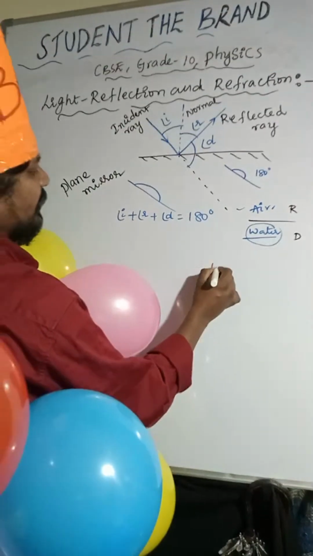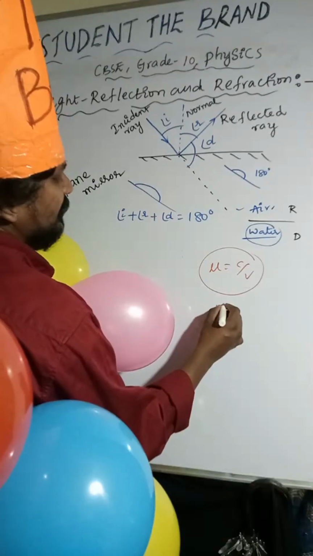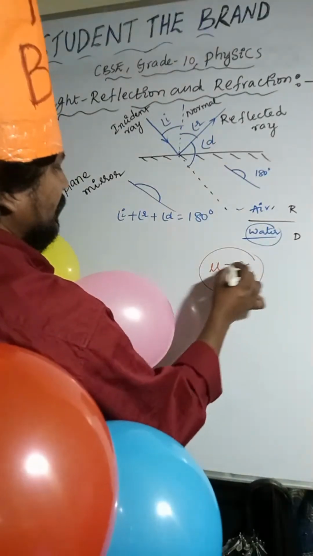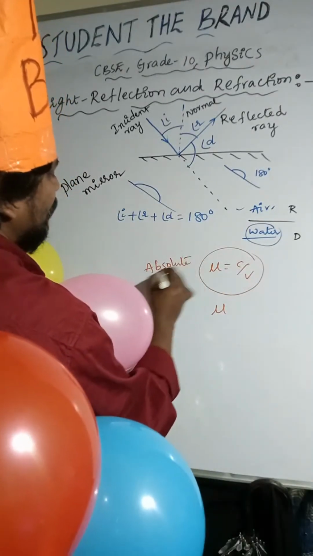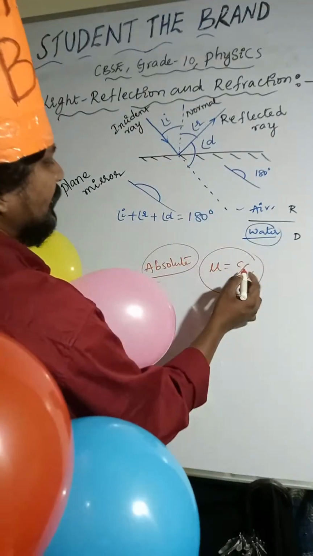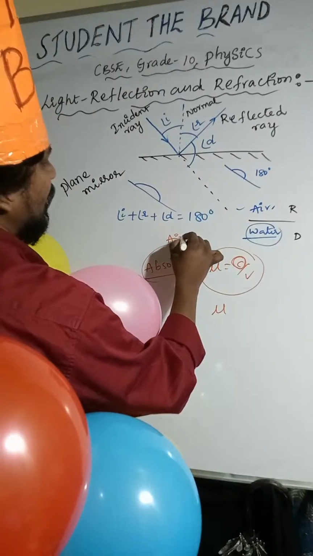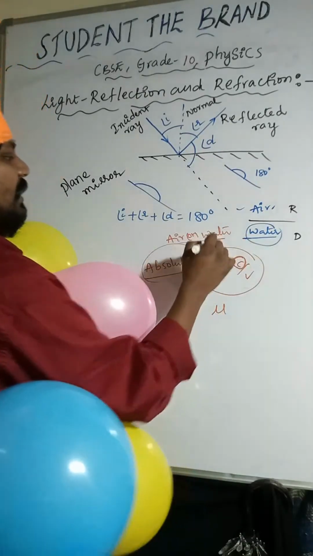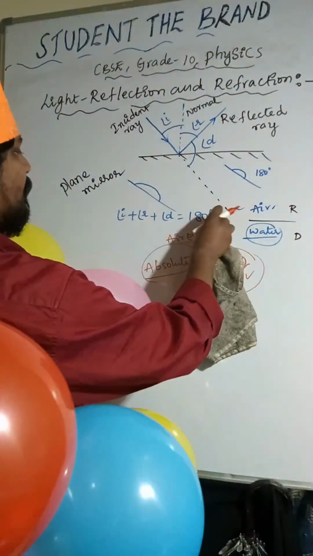Absolute refractive index is nothing but C by V. Relative refractive index is for mediums other than air or vacuum. In absolute, one medium must compulsorily be air or vacuum, not water.